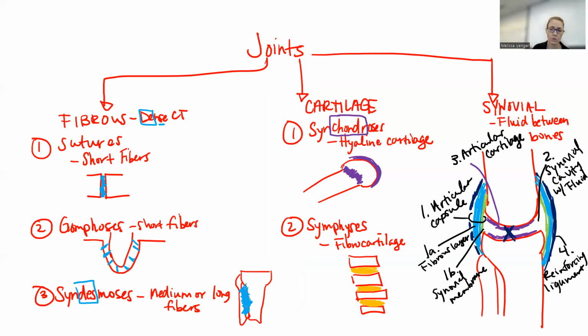And then let's do really quick too, I almost forgot the movement things, which is, remember there's 3 types of movements for joints. So we have a synarthrosis, synarthroses, amphiarthroses, and diarthroses.